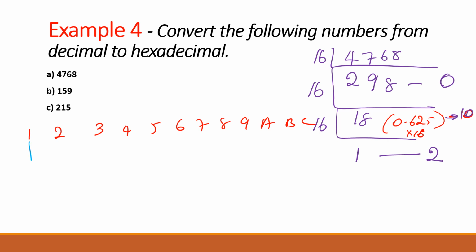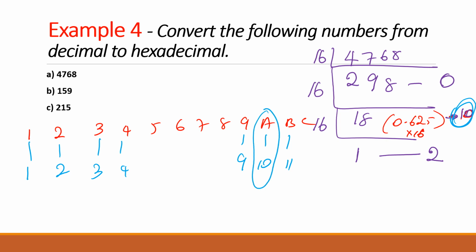So this is 1, this is 2 in decimal, 3 in decimal, 4, this is 9 in decimal, this is 10 in decimal, 11 in decimal. So when you have 10 here, that is A, isn't it? Am I right? So you can write it top to bottom again. That will be 1, 2, A and 0. Make sense? Is it clear or not?